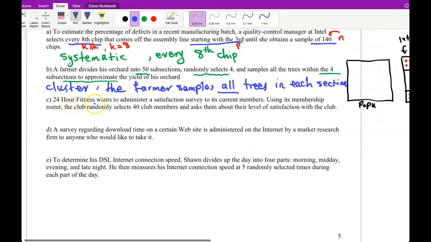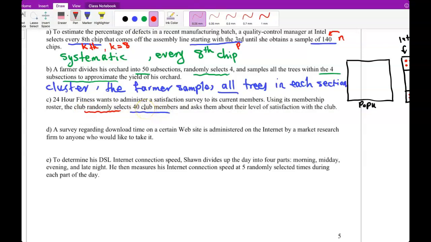Part C. A fitness club wants to administer its satisfaction survey to its current members. Using its membership roster, the club randomly selects 40 club members and asks them about their level of satisfaction with the club. Here is the point. The club randomly selects 40 club members. This one is simple random sampling.